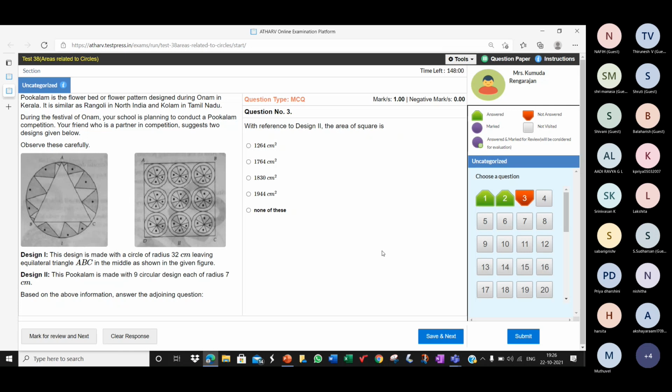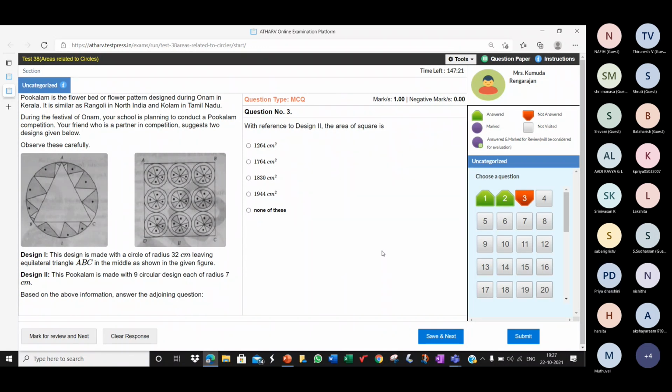With reference to design 2, the area of the square is, I'm not explaining this. Please work the area and tell me. Ma'am, 1764.